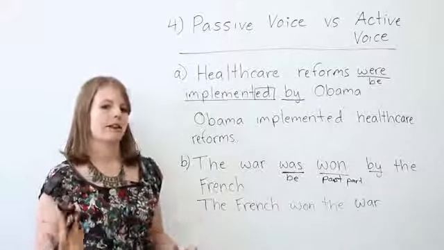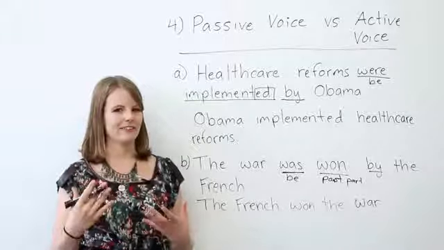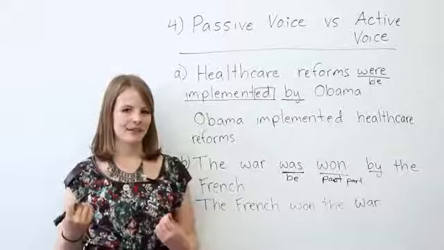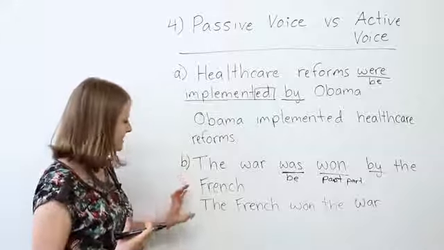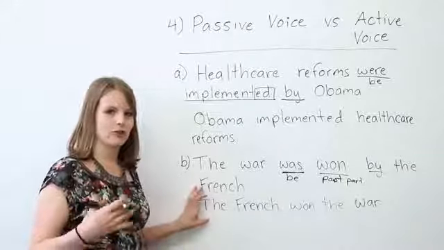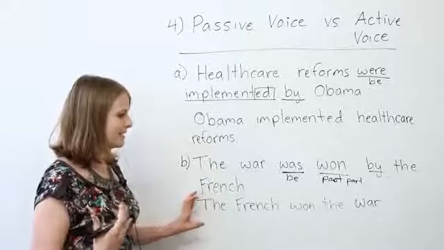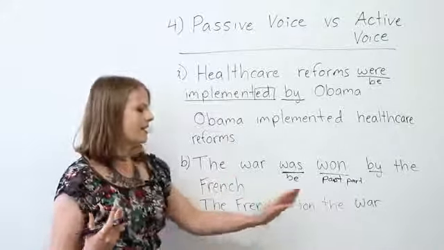The war was won by the French. So this is, again, a passive sentence, but it's still a little bit weak. In academic writing, we want strong sentences. And a strong sentence has the actor, or the person performing the action, at the beginning of the sentence. So instead, a better sentence would be, the French won the war.